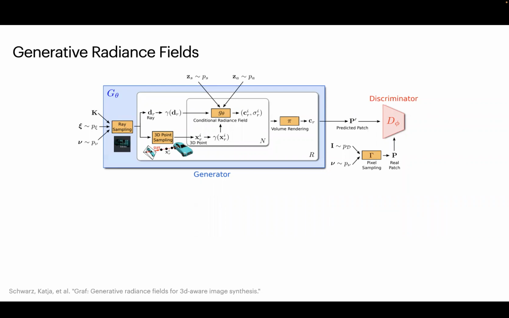They do volume rendering and afterward generate pictures of cars. The main difference between this and GIRAFFE is in the conditional radiance field part, which I will explain in more detail afterward.